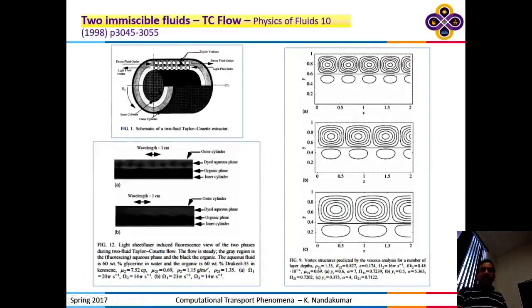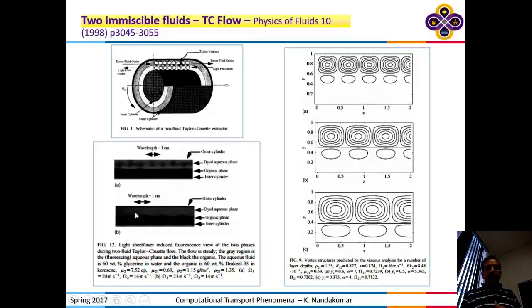This is a problem that I'm also preparing as a project problem, which came recently, 1998. The same Couette flow between two cylinders, but they have two different fluids that are immiscible. Okay, so they did experiments in this one. There is an inner fluid, there is an outer fluid, so that you have a free surface, and along the free surface you will put continuity of velocity, continuity of stress, etc. And they have experiments that show these cells that are forming, and how the interface deforms.